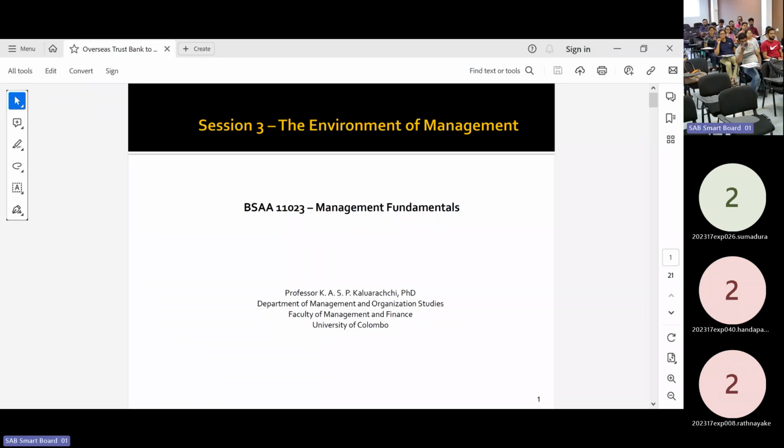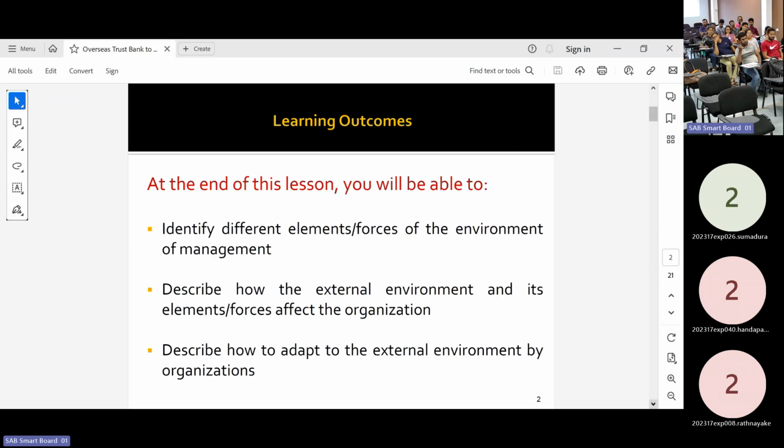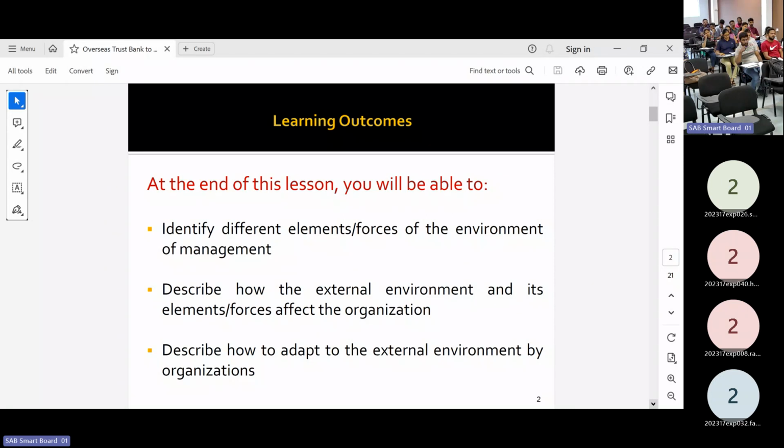By then, I'm using the flow of the condition for learning outcomes. As I said, first we should know the meaning of the environment. What we mentioned as a learning outcome straight away says to identify different elements or factors in the management environment.